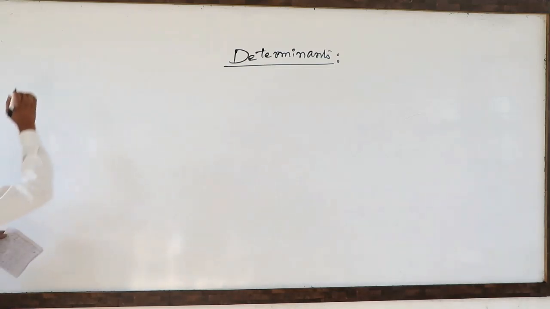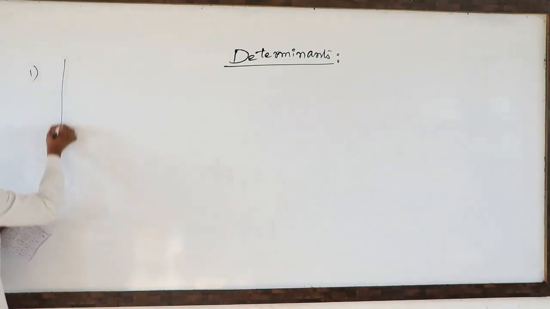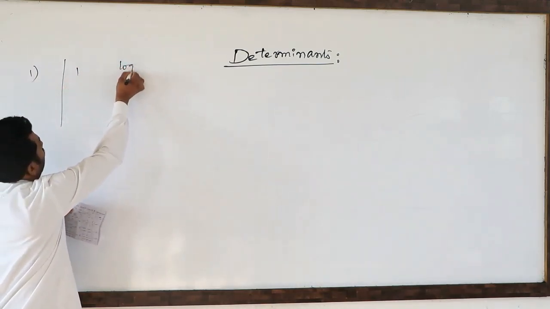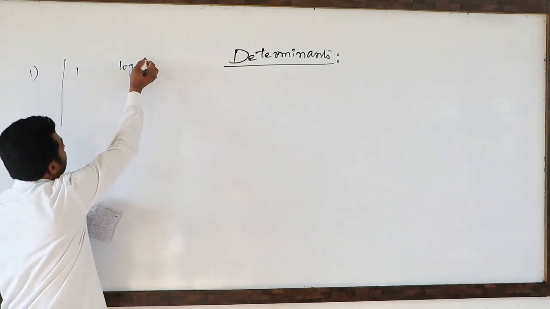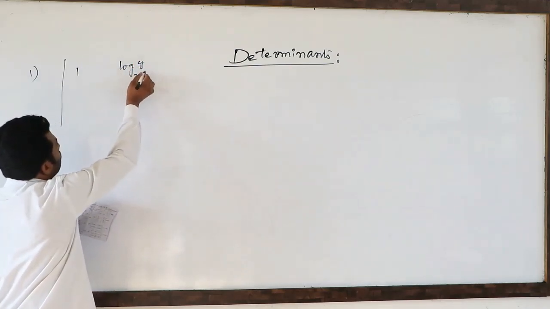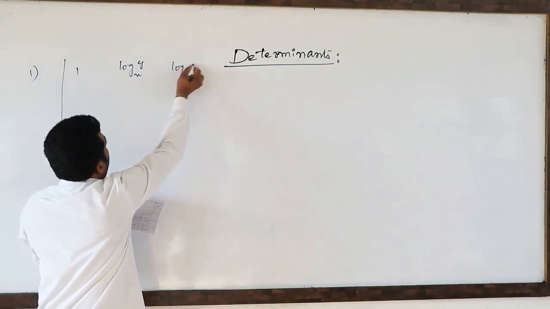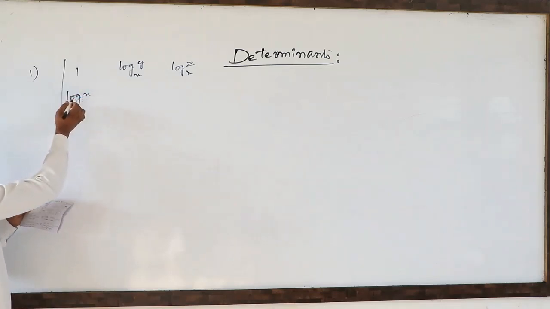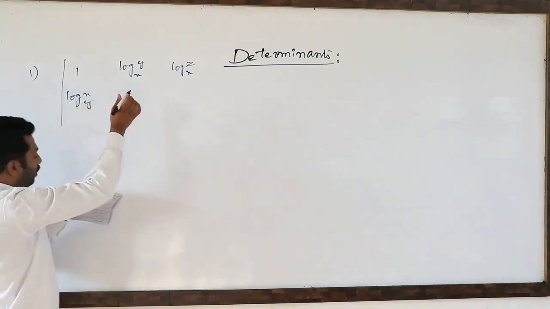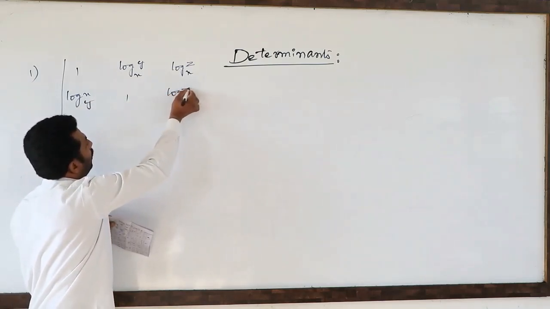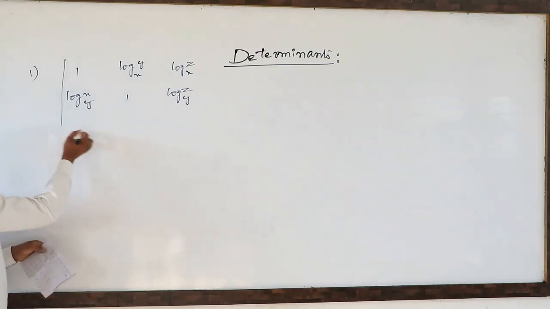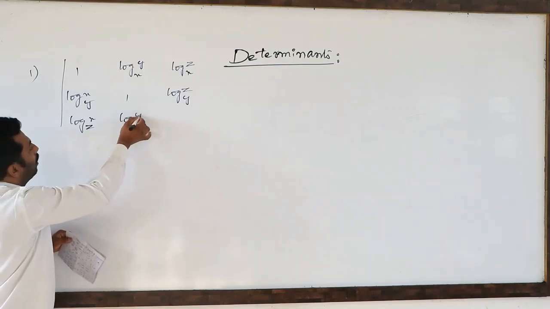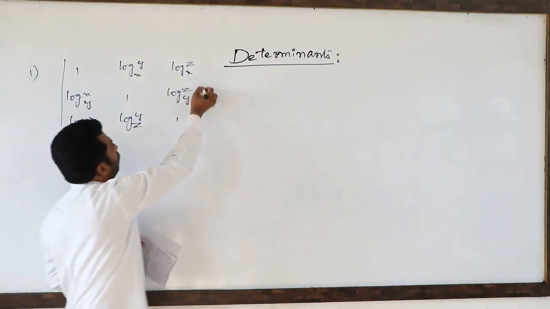First one, find the determinant of 1, log y base x, log z base x; log x base y, 1, log z base y; log x base z, log y base z, 1.